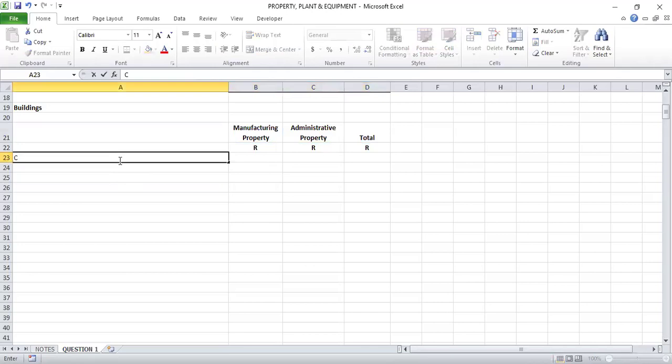Right, our cost on 1 April 2018. Why am I stating 1 April 2018?